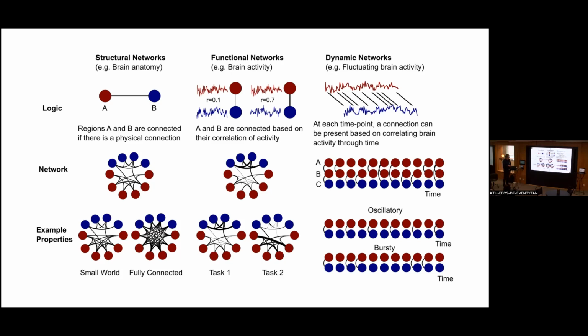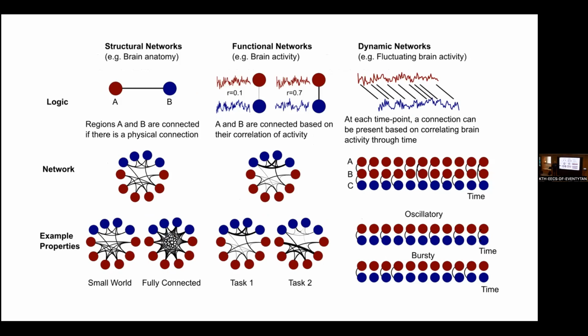Example properties here are either fully connected, where all regions are connected to each other, and random networks should be over here. And then something in between is called small networks, small-world networks, which you might have heard of, where you just change randomly a few nodes from being fully connected to randomly connected, and you get a very short mean path length.